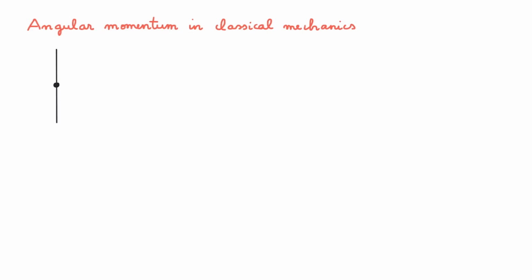So let's go! We're going to start with a reminder of angular momentum in classical mechanics. Let's consider some reference point, and for ease of visualization, let's also draw a vertical axis going through that point precisely.